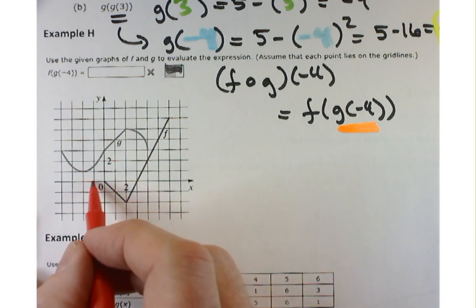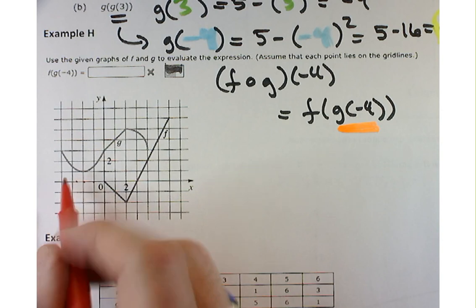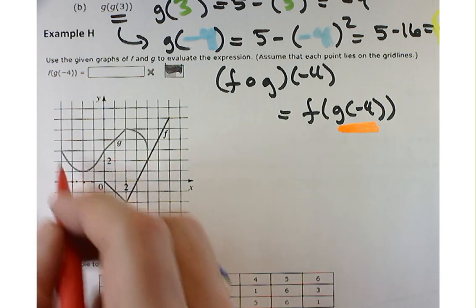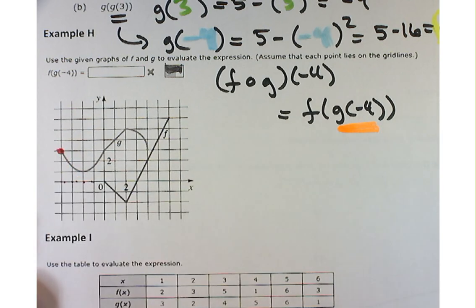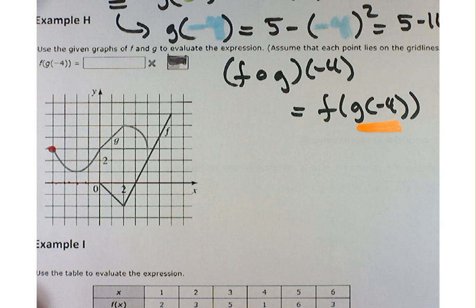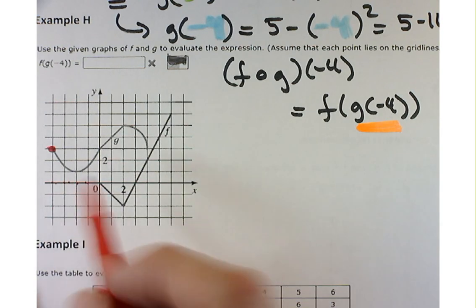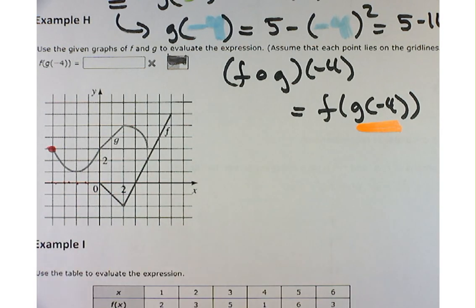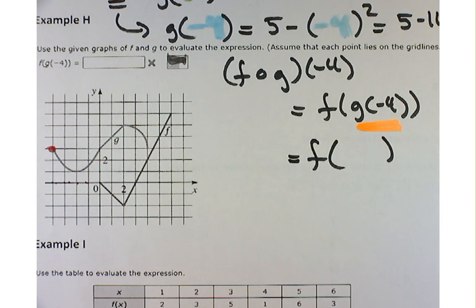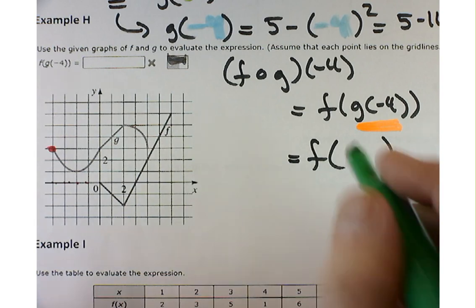Let's see, 1, 2, 3, 4. Looks like about here, right? And at least in my graph, it looks like g of negative 4 is 3. So that's equal to f of 3. So let's work with f of 3.